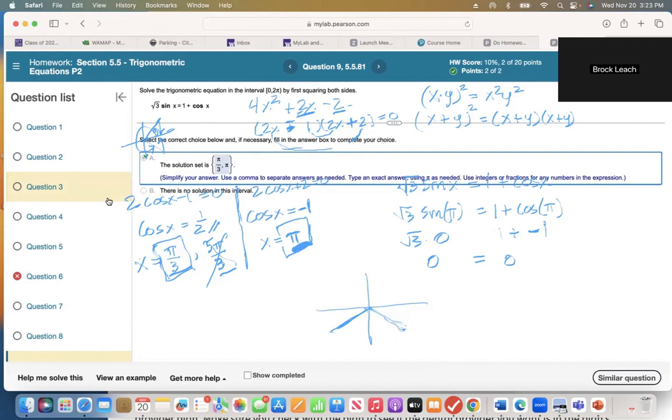All it's saying is add pi plus the reference angle that would be here. If this is negative pi over 6, take pi and add pi over 6, right? You want the angle that going back would give you that pi over 6.